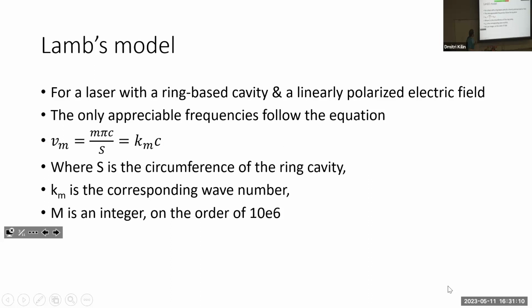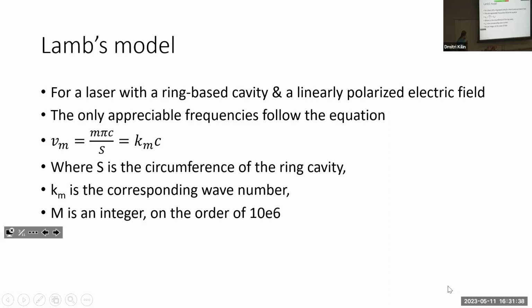So what was Lamb's model? Lamb's model for a laser, taking the simplest and easiest to calculate example, has a ring-based cavity with a linearly polarized electric field. Inside of that, when you have that setup, the only appreciable frequencies that you can get follow the equation ν_m = mπc/S = k_m c.